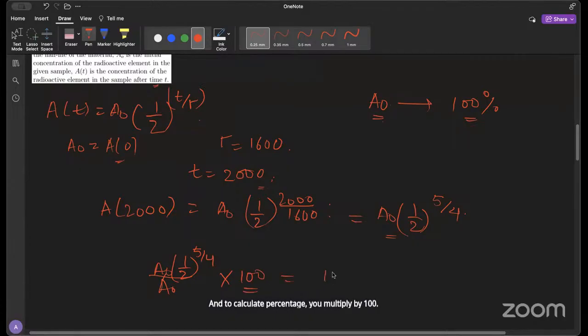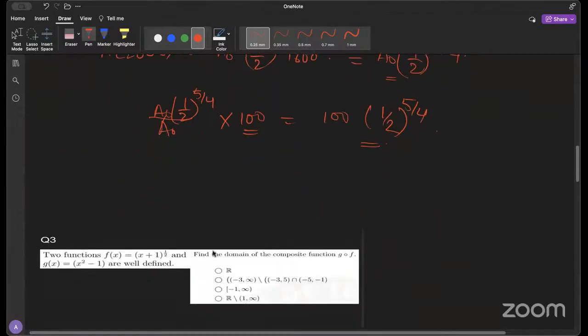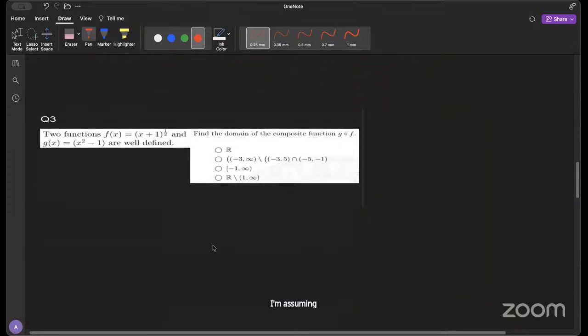So we get 100 times half to the power 5 by 4. Is that okay? I'm assuming everyone's clear with this.